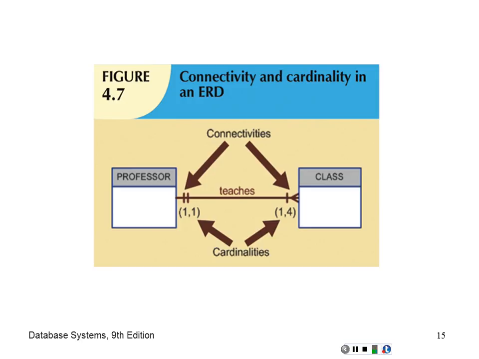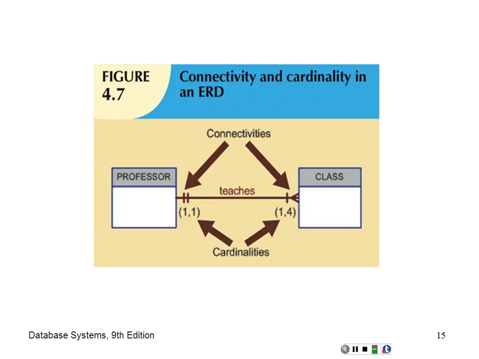Here it says, each professor may teach 1 to 4 classes. Now, there may be a professor who teaches 1 course. There may be a professor who teaches 4 classes. But as long as you have professors teaching 1 to 4 classes, you're not violating the business rule.